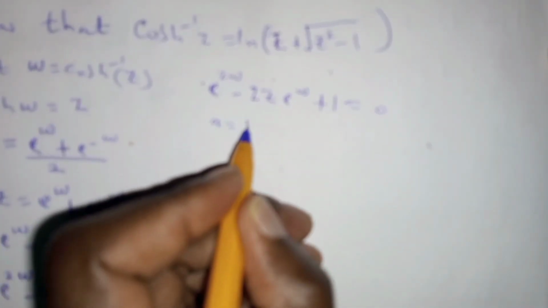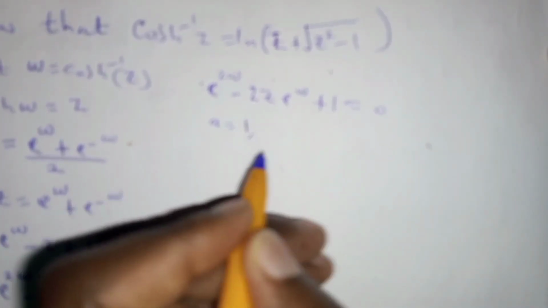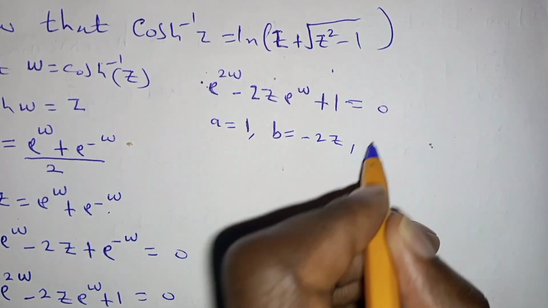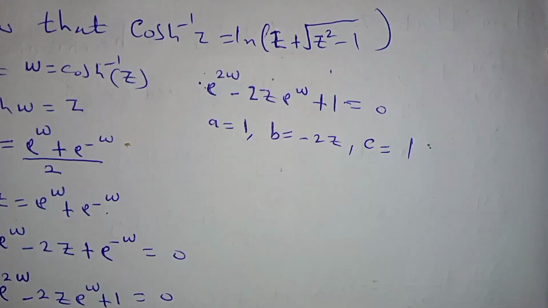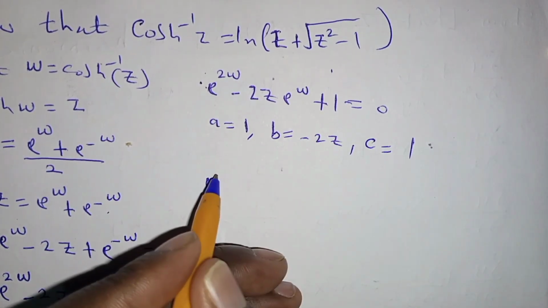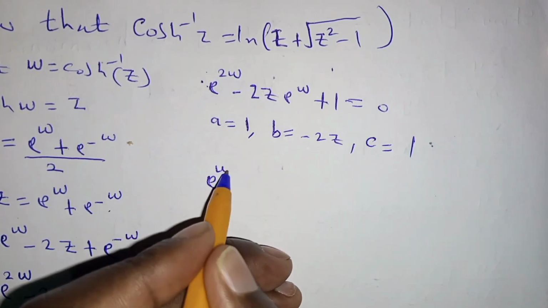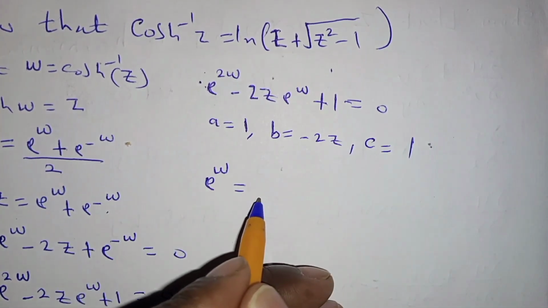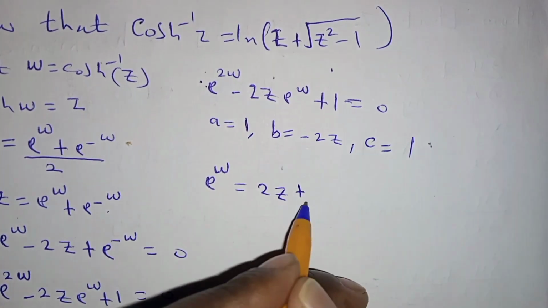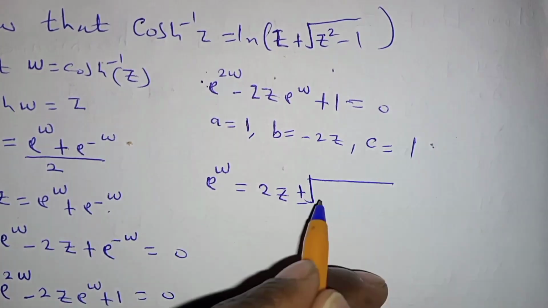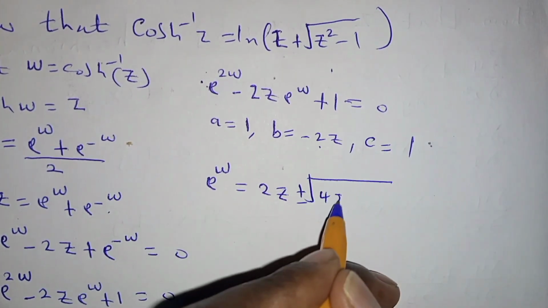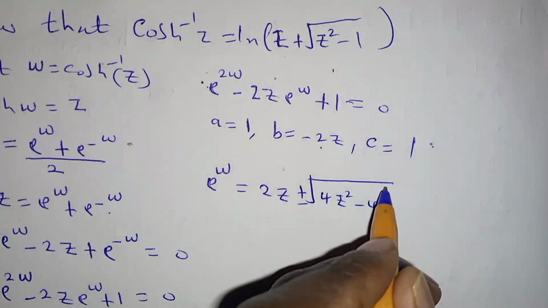whereby our a is equal to 1, our b is equal to negative 2z, and our c is equal to 1. So we make use of the quadratic formula, so we will have e to the w is equal to 2z plus or minus the square root of, when you square b, this will give you 4z squared minus 4.